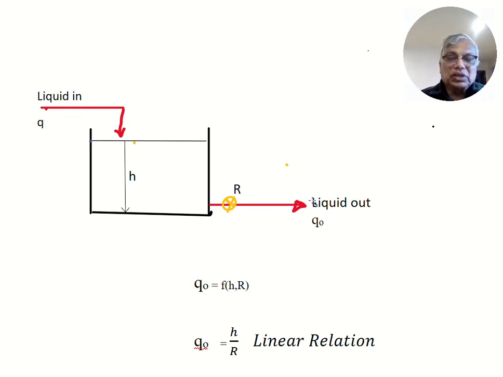Q is the inlet volumetric flow rate and Q naught is the outlet volumetric flow rate of the liquid. H is the height of the liquid in the tank.